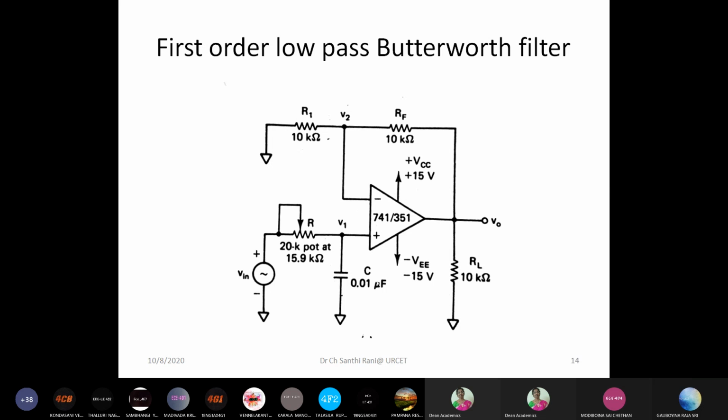Now let us see this low pass Butterworth filter. One day when I was explaining, I skipped one step and asked you to do it at home. I guarantee that none of you have done it. That's why once again I want to show that.